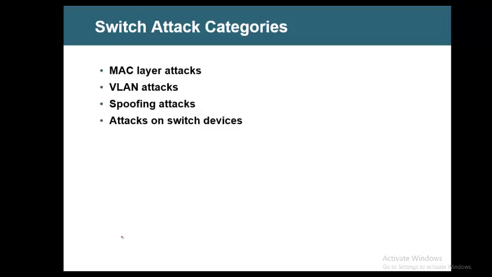Then one bad guy says, I am 10.0.0.10. My MAC address is alpha, alpha, alpha. But he is not really 10.0.0.10. He is actually 10.0.0.100. He is spoofing as 10.0.0.10 to do a man-in-the-middle attack. These things, the spoofing attacks, need to be prevented.